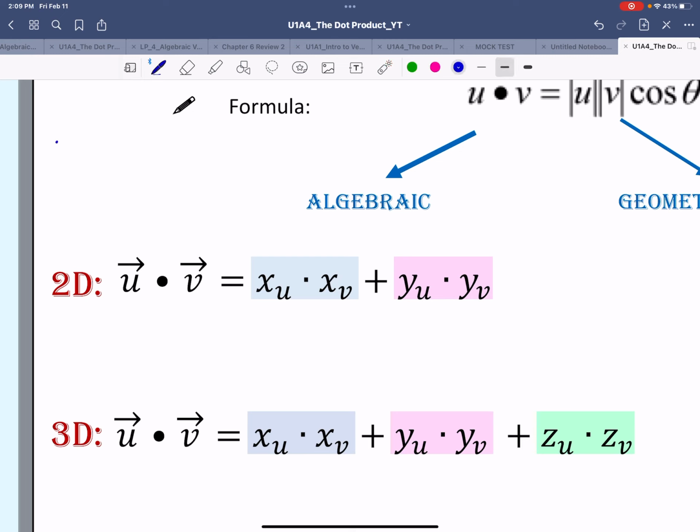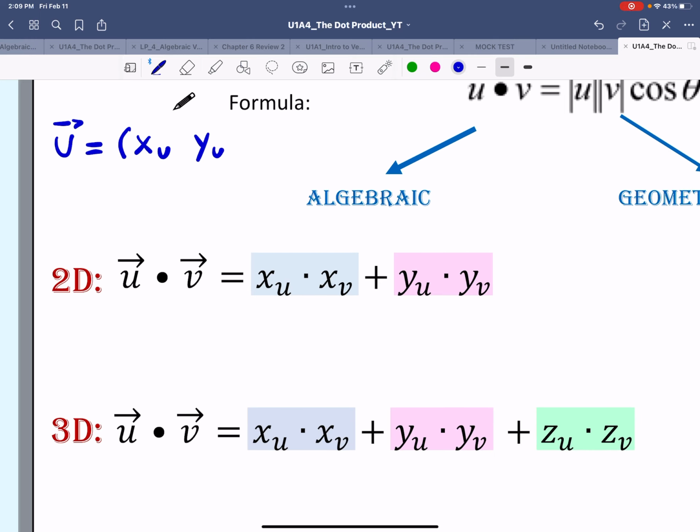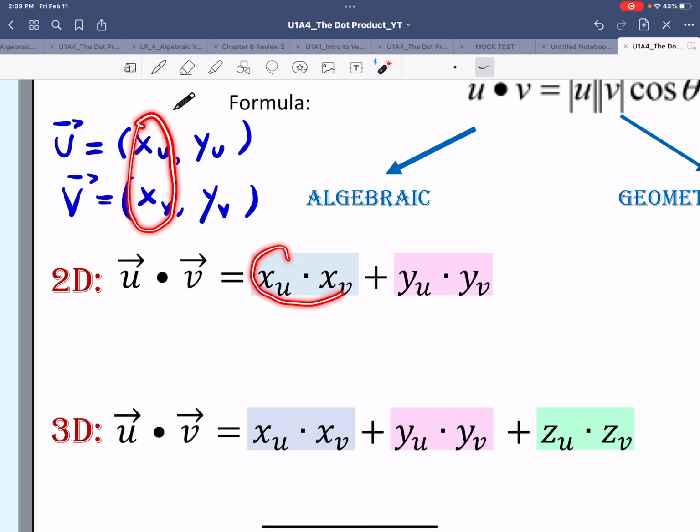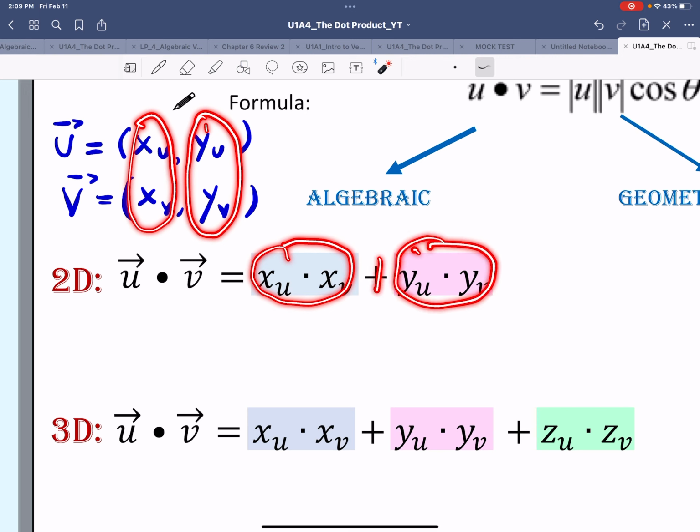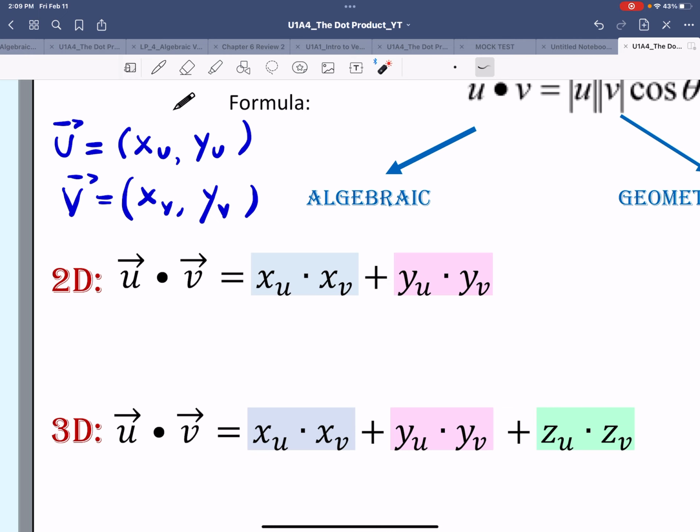Remember that if you have two vectors, for example, in our case, u with coordinates x of u, y of u, and some vector v with coordinates x of v, y of v, the dot product would be the product of their x coordinates plus the product of their y coordinates. So you find basically the sum of the products of the coordinates, and that gives the dot product of two algebraic vectors.